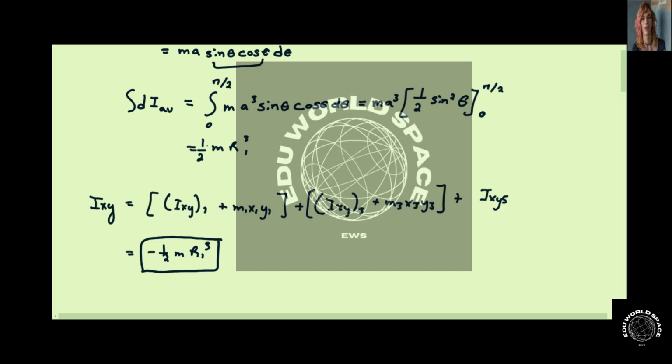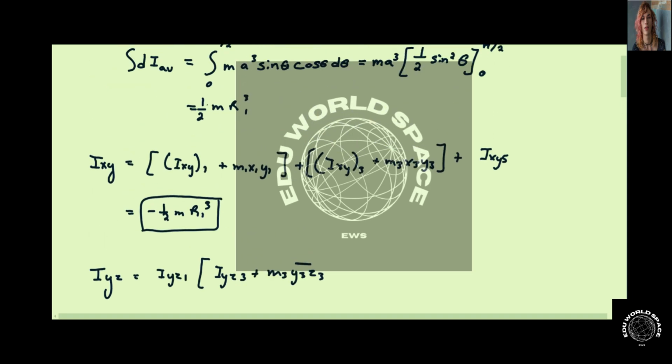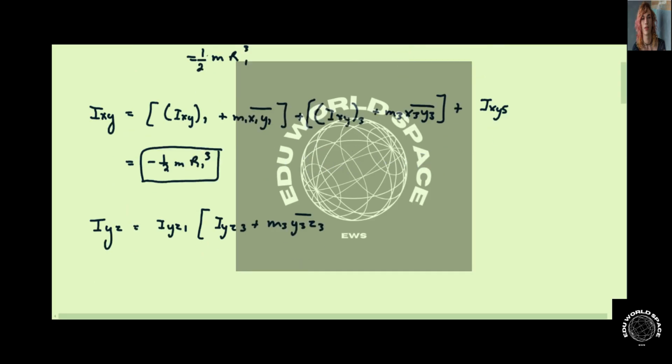And the next one is your I_yz, which is going to be I_yz1, I_yz3 plus m3y3z3. Actually, those are supposed to be vectors. There we go.